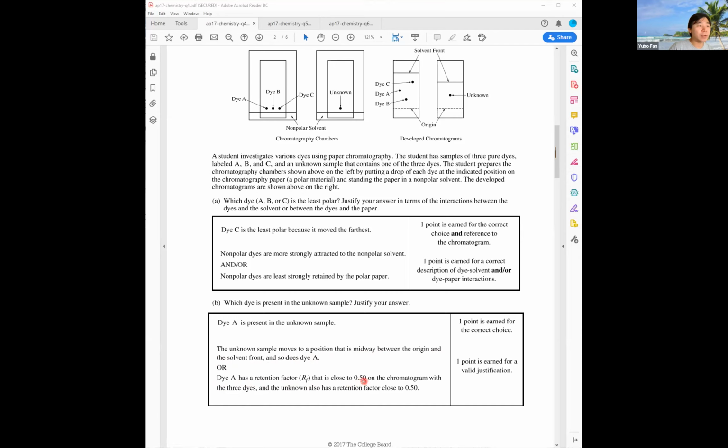You can just write 0.5, not 0.50, on the chromatogram, and the unknown also has an RF close to 0.5. I think the second explanation is more scientific and quantitative. So first you identify what it is, it's dye A, and then give a reason. So just use RF.